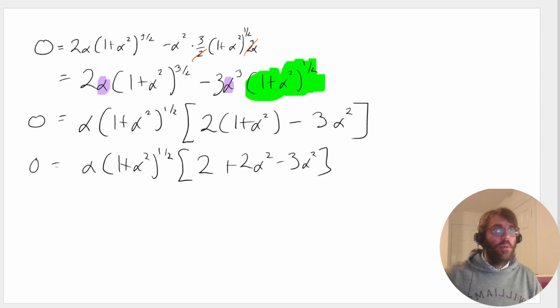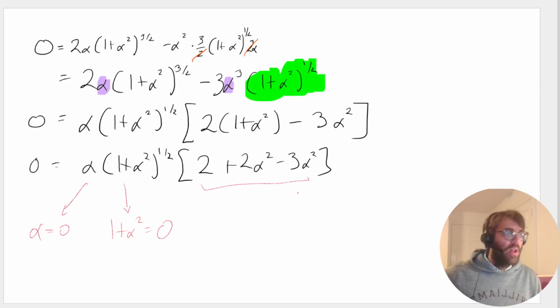And we'll use the zero product property, which says that to solve any equation, get it equal to 0 and factor it. This says alpha equals 0. It says 1 plus alpha squared, technically square rooted, equals 0. And then this last one, I'll do a quick simplification: 2 minus alpha squared equals 0.